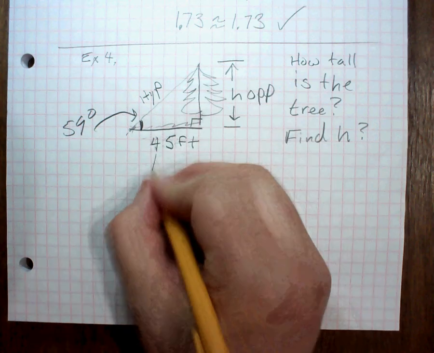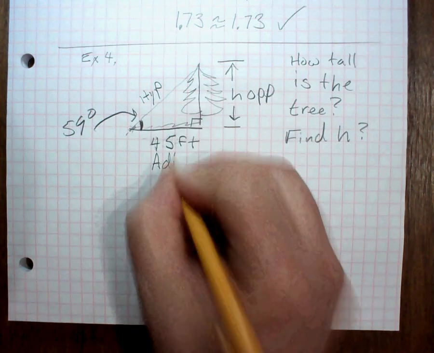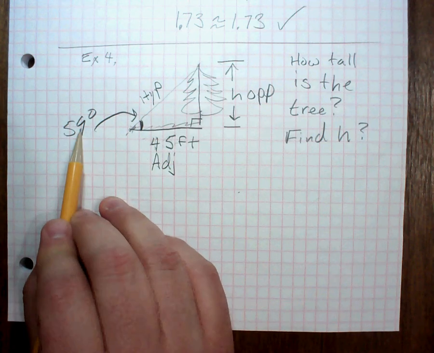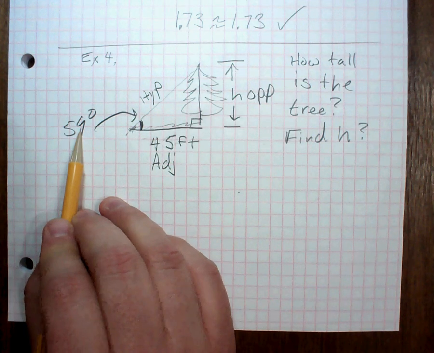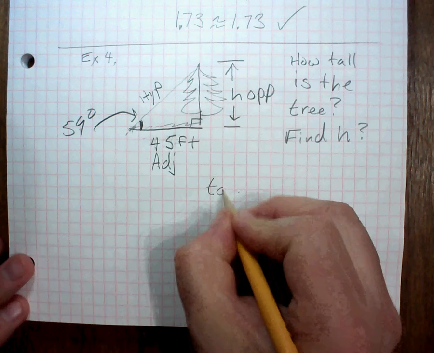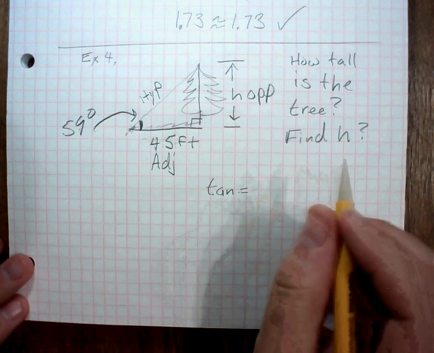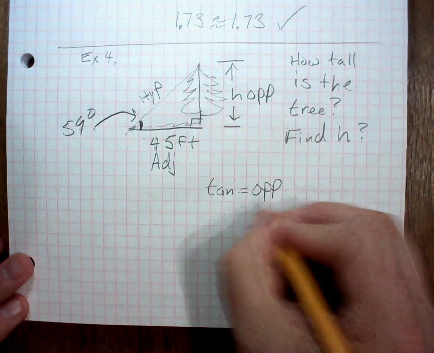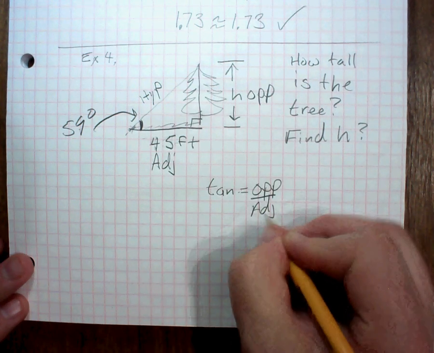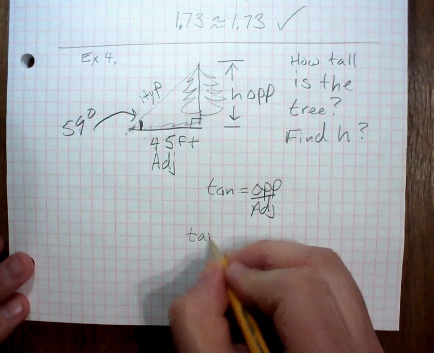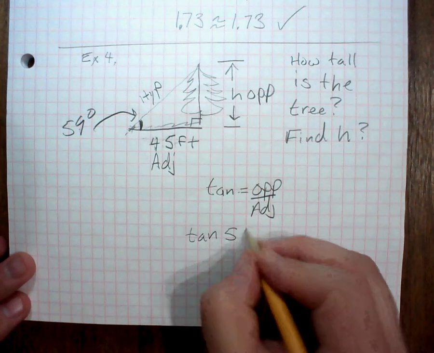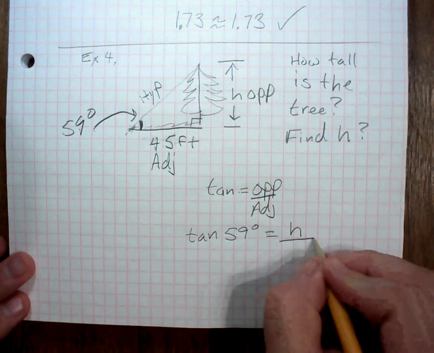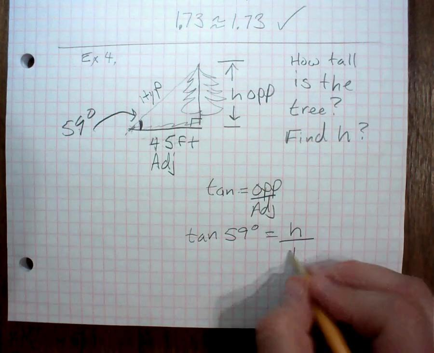And 45 is the adjacent because it touches the 59-degree angle. So this is a tangent problem because tangent is equal to the opposite over the adjacent. In other words, the tangent of 59 degrees is equal to h over the adjacent, which is 45.